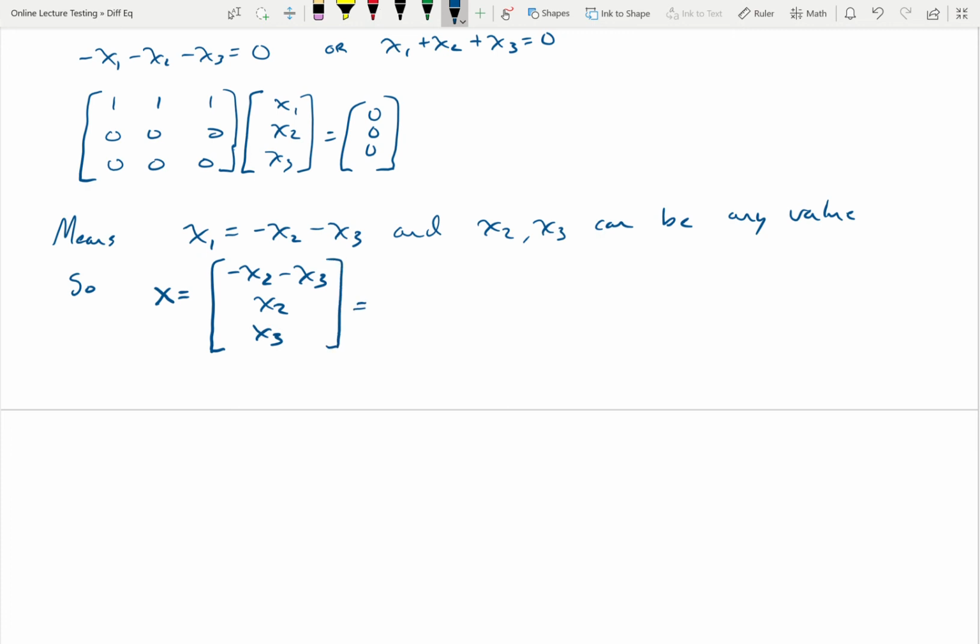Well, if we rewrote this based on what they could be, this could be x2 times negative 1, 1, 0, plus x3 times negative 1, 0, 1, if we separated it out. Okay? So, if that's the case, I can just use these two vectors as my eigenvectors.